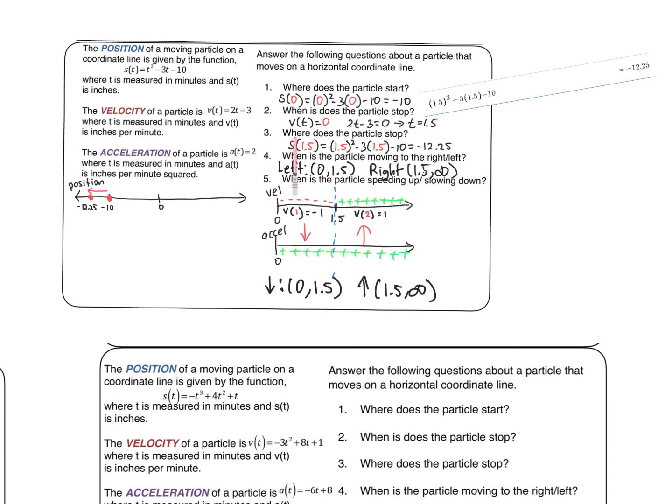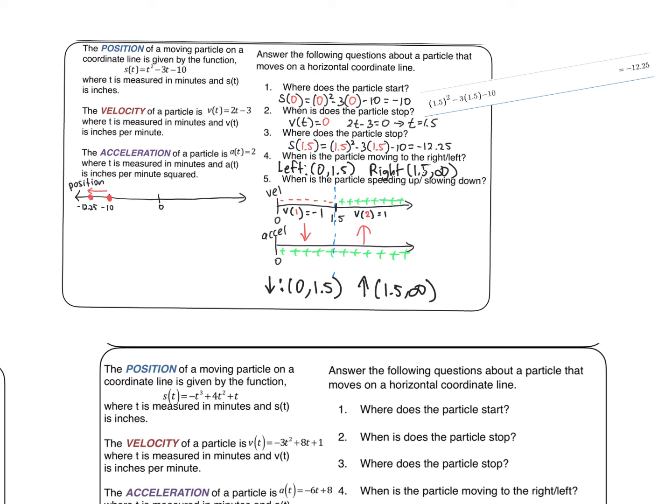And where does the particle stop? We plugged the 1.5, which was in the previous answer, into the position function, and we got where it stopped. And then we tested points for when it is moving to the left or right. On the velocity timeline, it's moving to the left here and to the right.